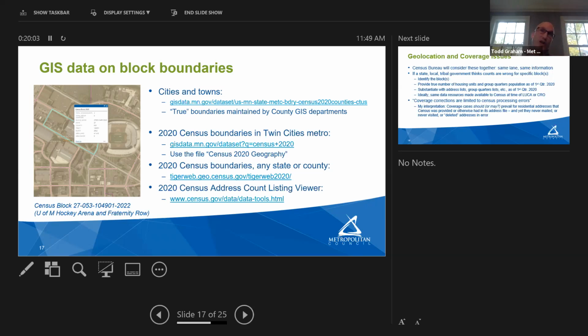The Census Bureau's own collection of the boundaries that they've used, and they have a very neat little web application called an address count listing viewer. You can look at that and very quickly pull up how many housing units, how many group quarters, and how much population were counted in each census block.